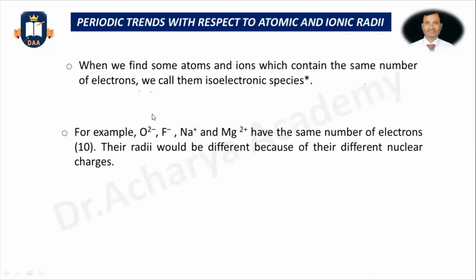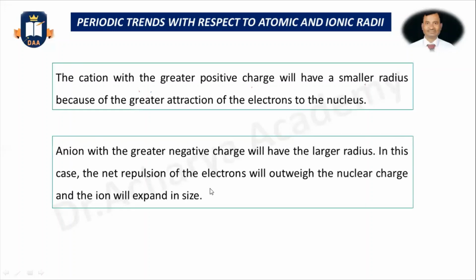Though they have the same number of electrons, we know that these atoms all have different atomic numbers. That means different nuclear charge. The cation with the greater positive charge will have a smaller radius because of the greater attraction of the electrons to the nucleus.